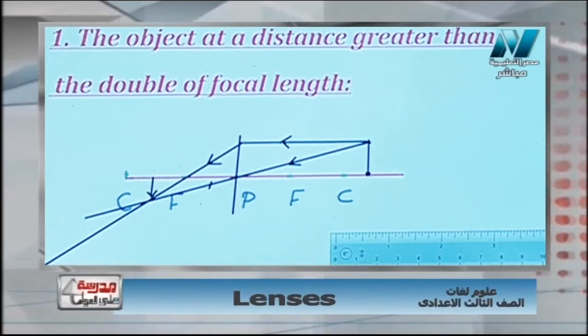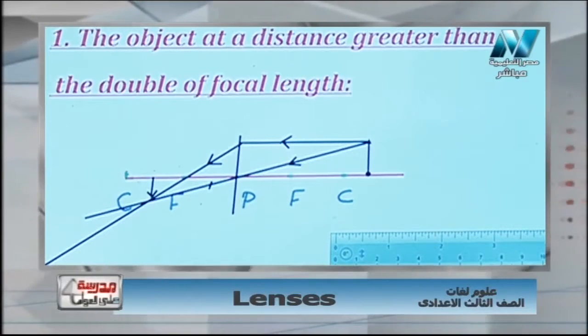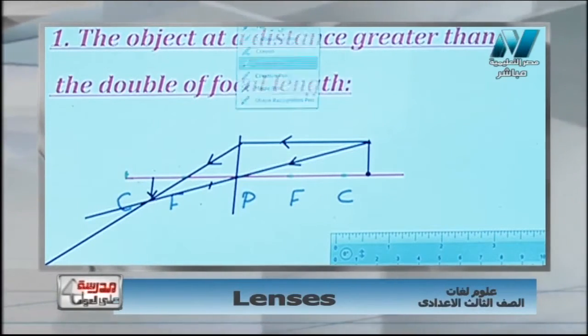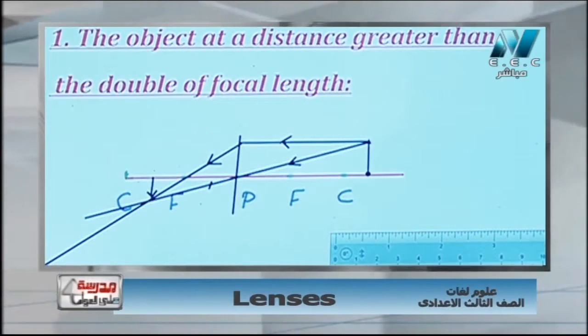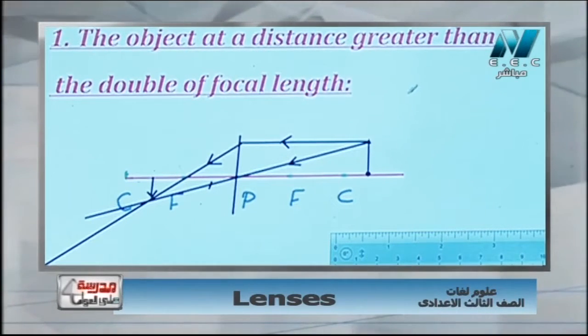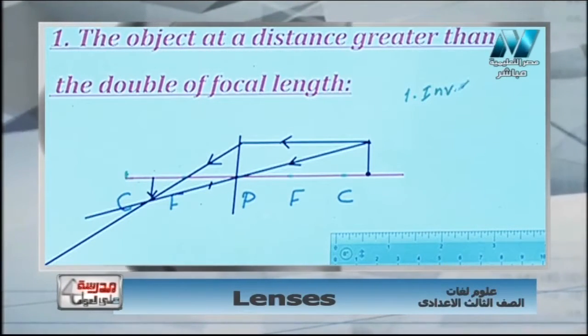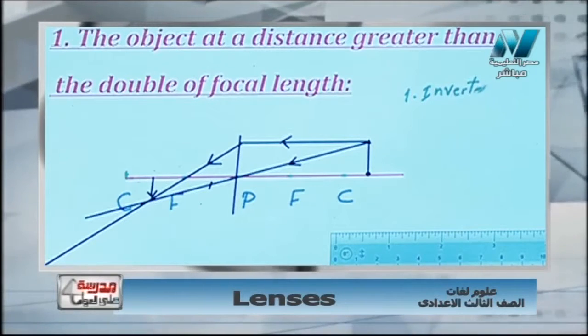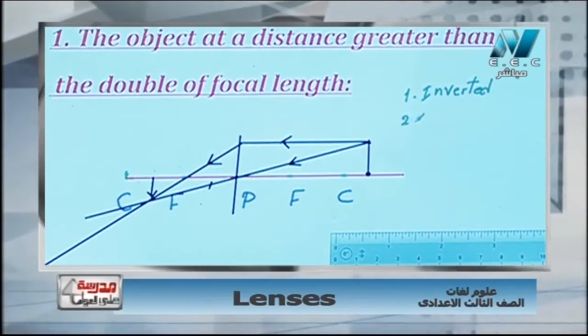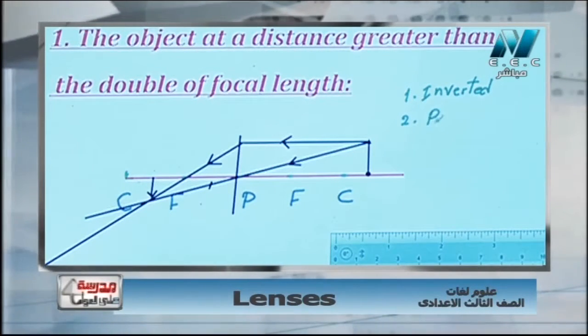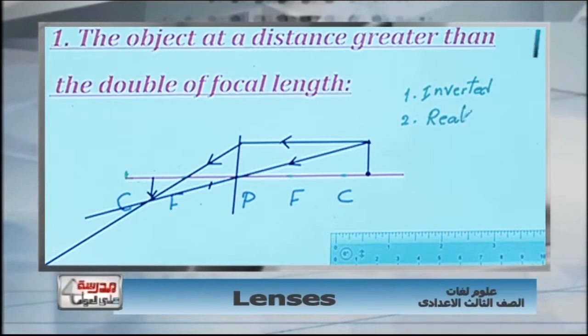So now we can write the properties of the image. What are the properties of the image? Number one, inverted. Number two, real, which means it can be received on a screen.